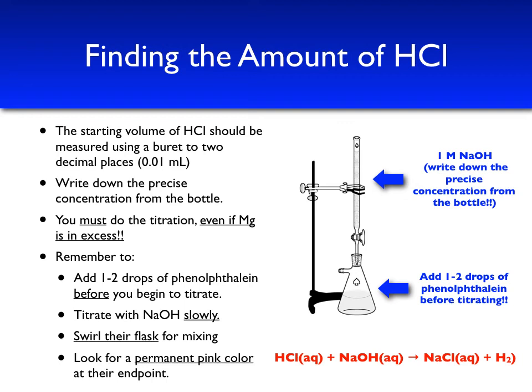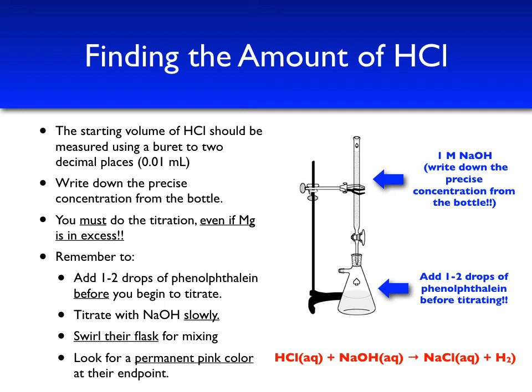So how do we set up our titration? The first thing we do is take our filter flask and add 1 to 2 drops of phenolphthalein. Phenolphthalein is an acid-base indicator that changes from colorless to pink in the presence of excess base. We need the phenolphthalein to determine what the endpoint of our titration will be.